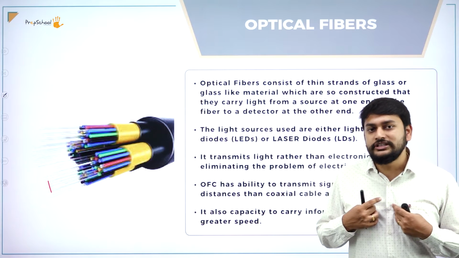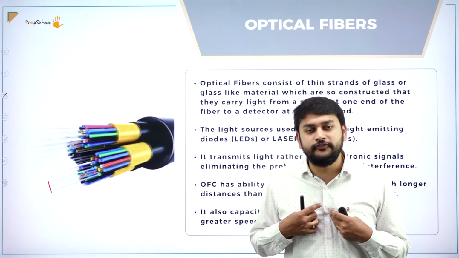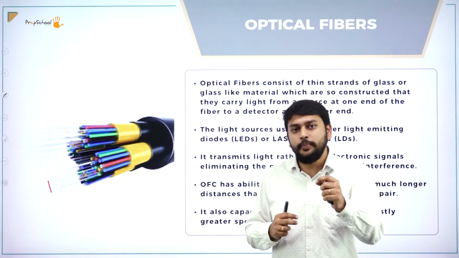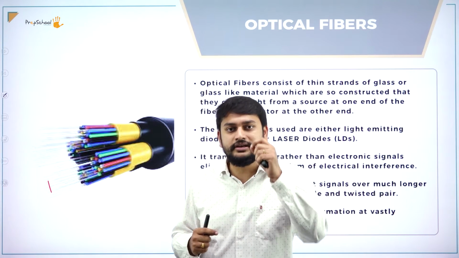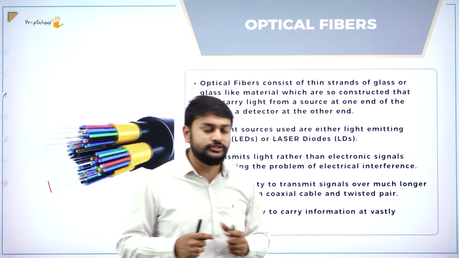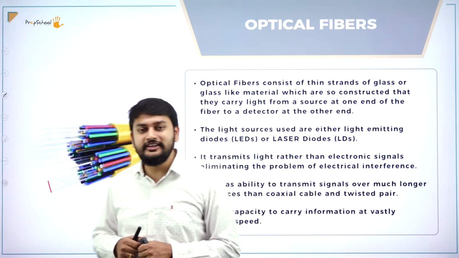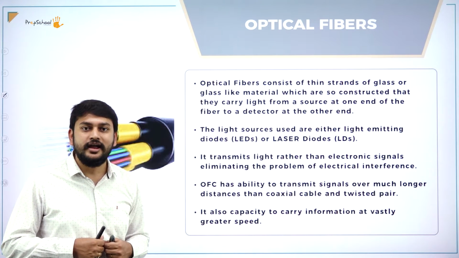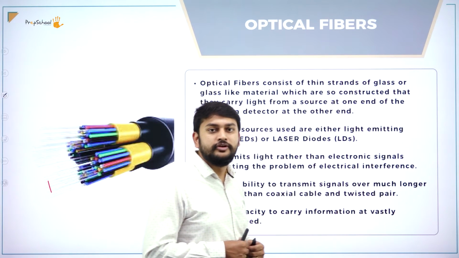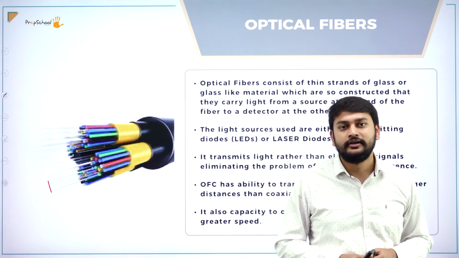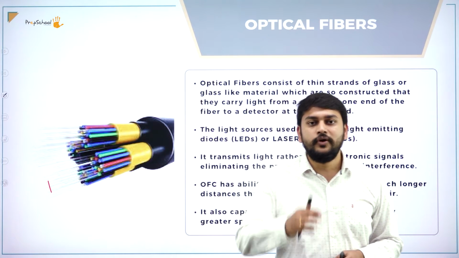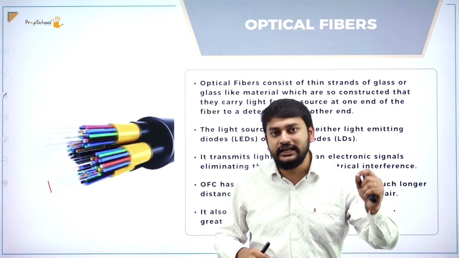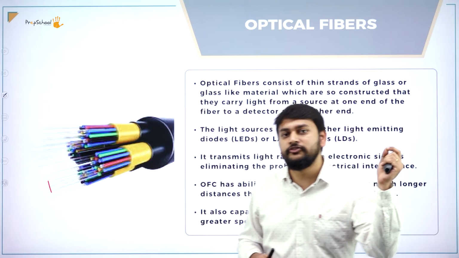What we are trying to do is use a frequency modulation technique, with the help of which I am converting my data into light. I'm converting my data into light with the help of the FDM technique. If I convert my data into light from the sender side, my data is getting transmitted in the form of light.